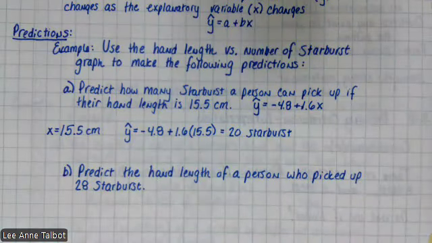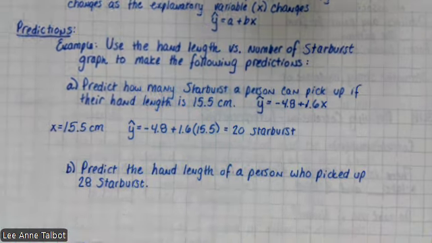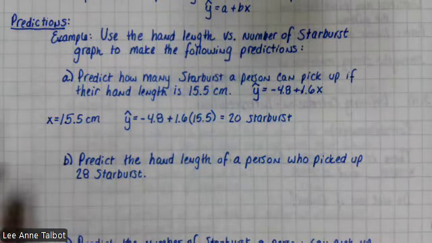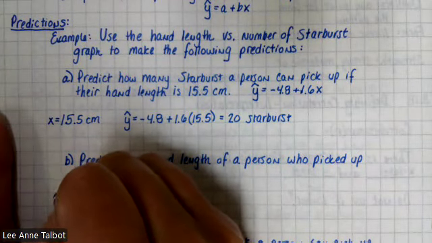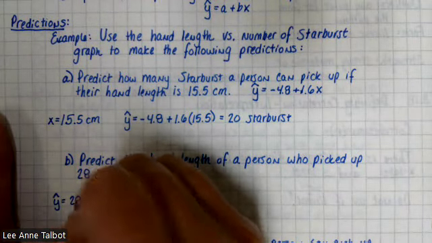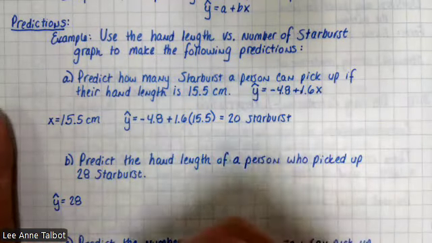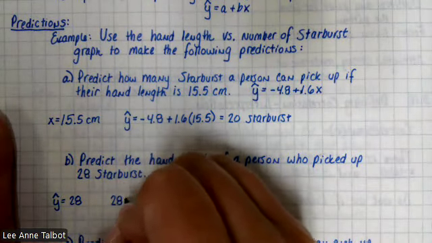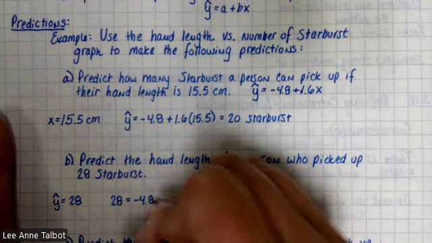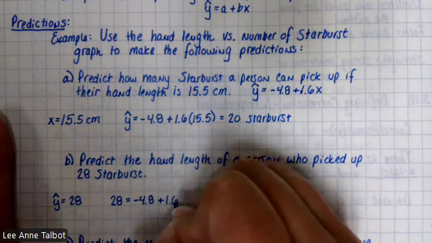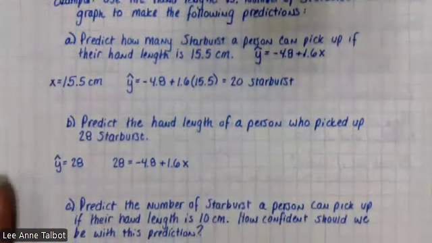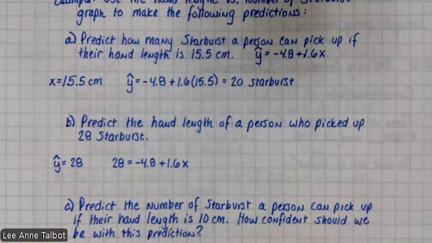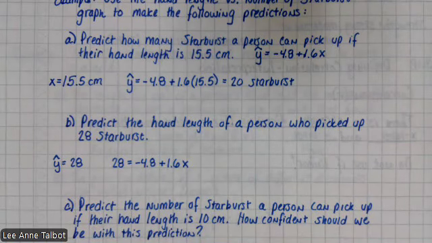Okay, next one. Predict the hand length of a person who picked up 28 starbursts. Is 28 an X or a Y? Y. Okay, so add 4.8 to both sides.